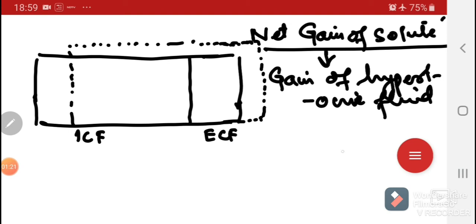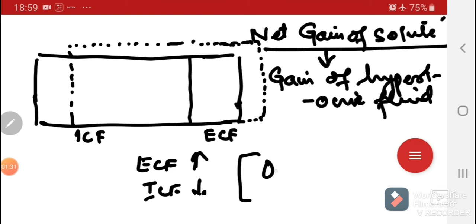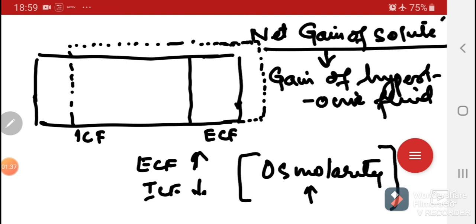So here what happens is that ECF volume has increased, ICF volume has decreased, and osmolarity has increased.